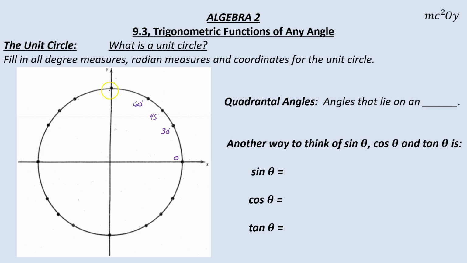Try to be really neat with this. 90 degrees, 120 degrees, 135 degrees, 150 degrees, 180 degrees. So notice I'm counting by 30s, but I also have these 45s in here that I'm dealing with.